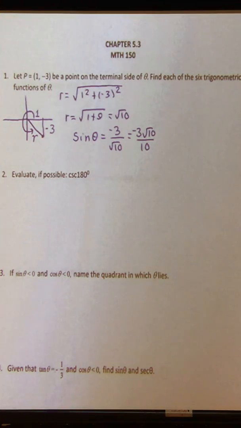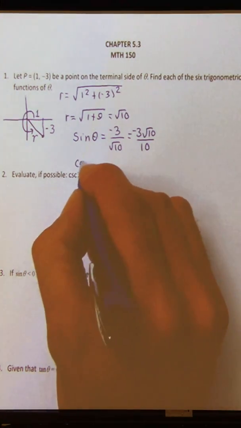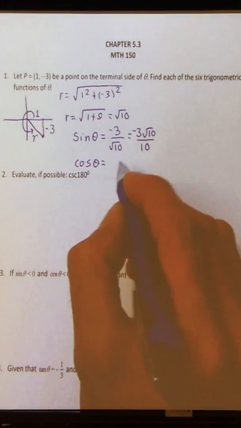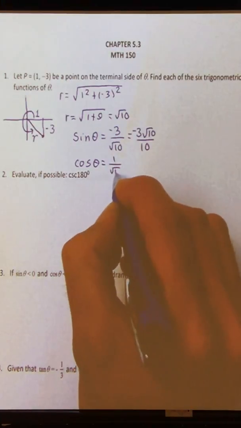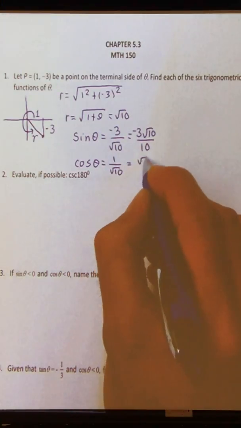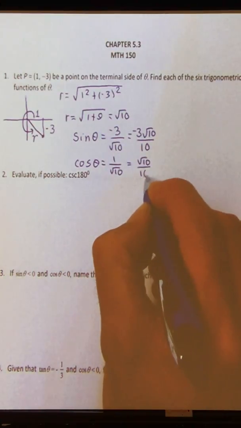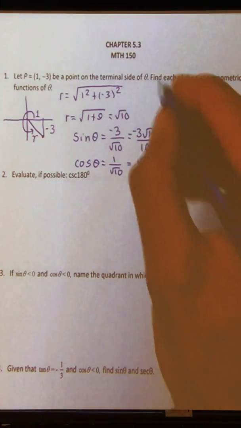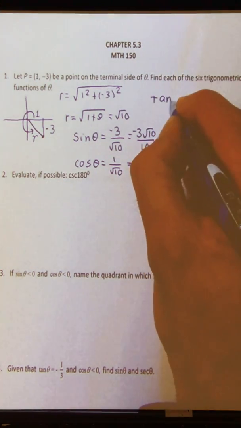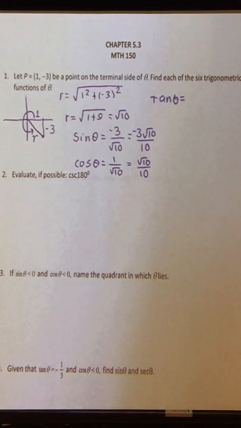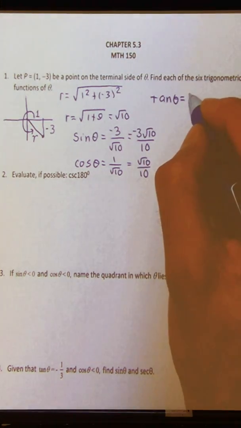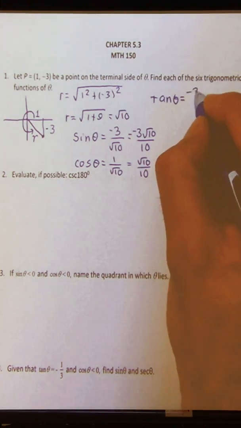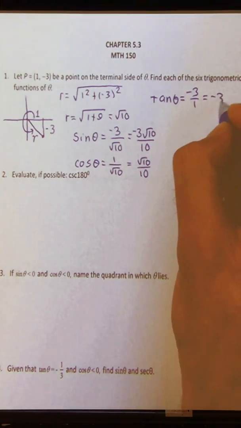And then we get the cosine value. Cosine of the angle is the x divided by the r. So 1 over root 10. Rationalized then is root 10 divided by 10. And we get the tangent. Tangent of the angle is the y over the x, so that is -3 over 1, or -3.